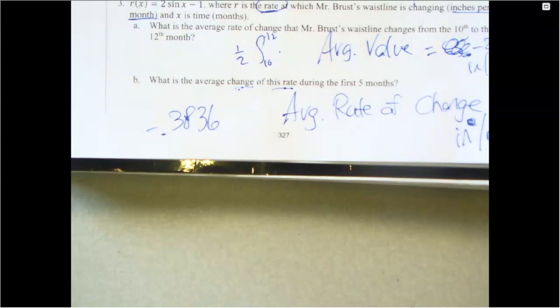But you could also just say, I have 2 sine of 5, R5 minus R0 over 5 minus 0. If you would like to see what it actually looks like. Is it okay to just play answers on practice? I mean, you better make sure you know how to do it.